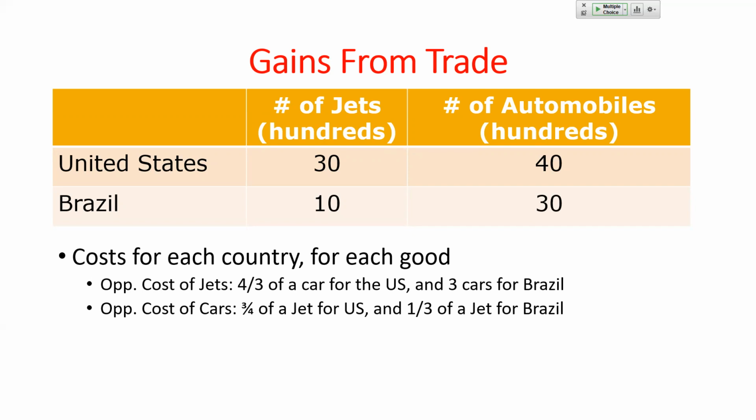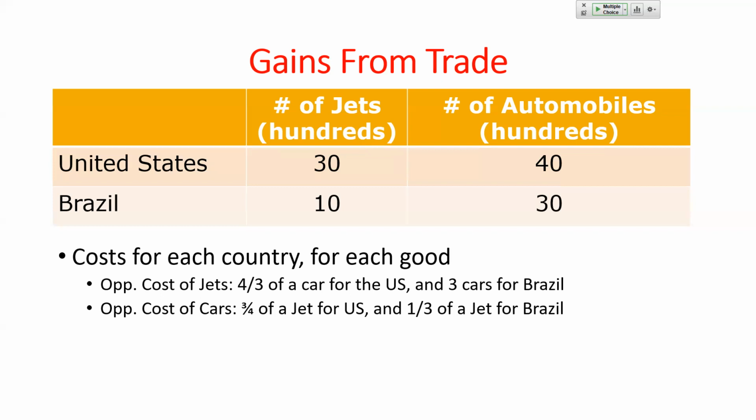So a full jet would cost 2 cars, right? Well, 2 cars is way cheaper than what Brazil could do on their own. So this trade value, half a jet for every 1 car, works for both countries. It's better for both countries to trade at this value of 1/2 a jet for every car, and that would be beneficial to both.